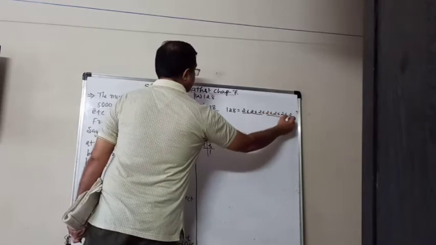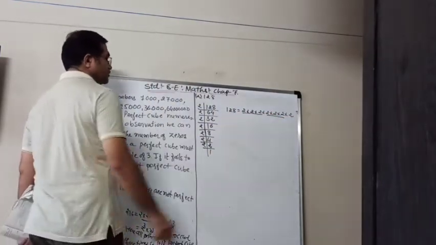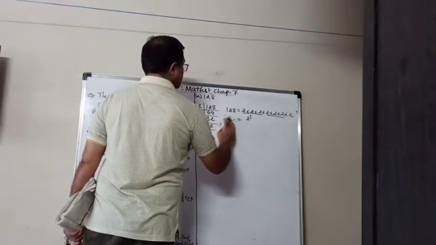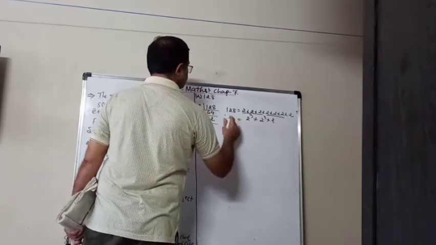So we can make groups of 3, but the last single 2 cannot. So we can write 2 cubed into 2 cubed into 2.